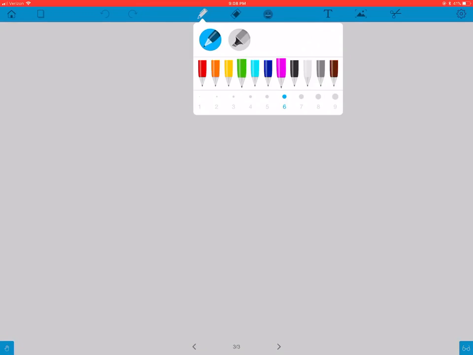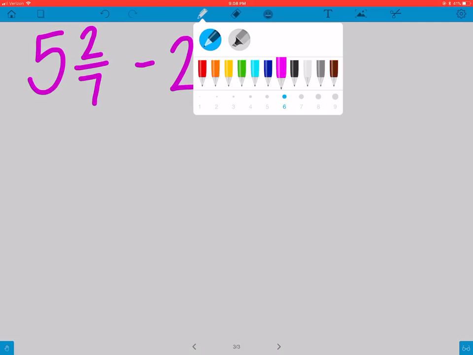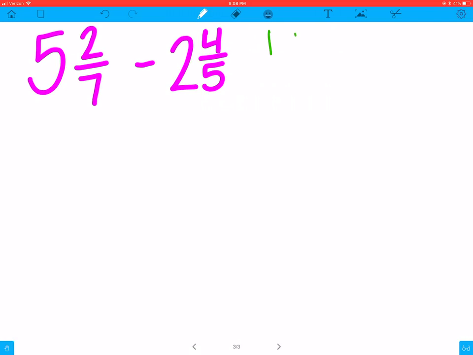So let's look at subtraction. This time we're going to have 5 and 2/7. We're going to subtract 2 and 4/5. Now this one is going to be a little bit tricky, so hang on to your hats because it's going to be intense.